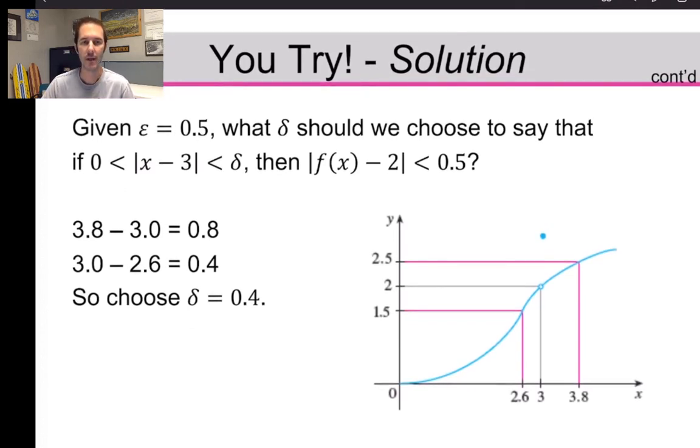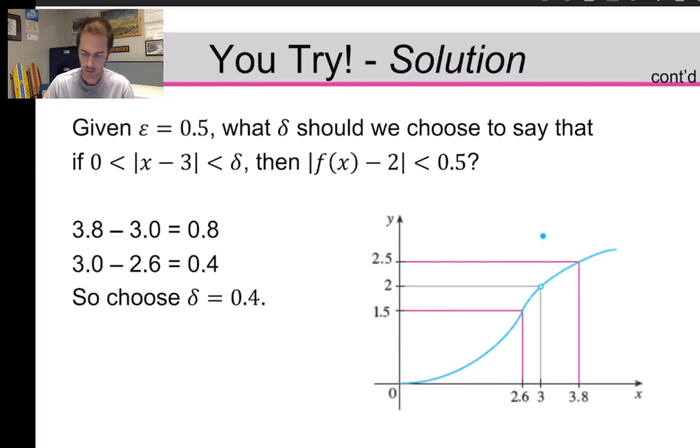What's happening in this diagram is vertically you can see on the y-axis you see this y value of 2, and then above and below it are these two other numbers, 2.5 and 1.5. And the difference, or the distance, so to speak, from 2 to 2.5 and from 2 down to 1.5, there's a consistent difference of 0.5 there.